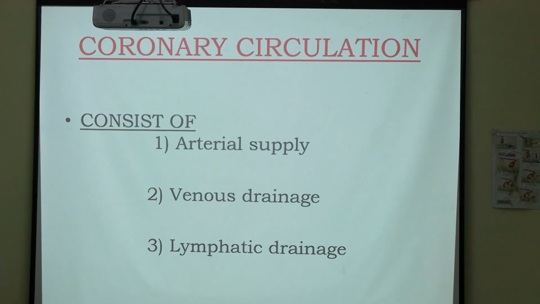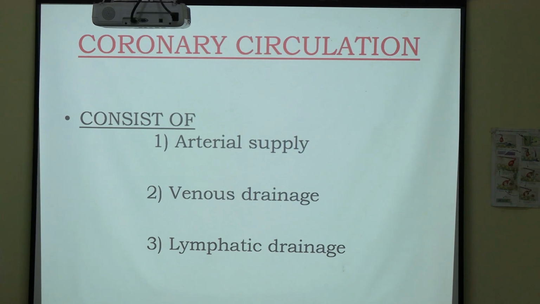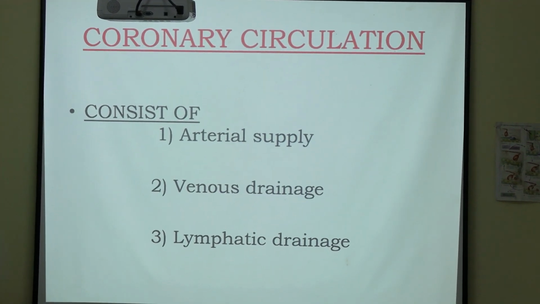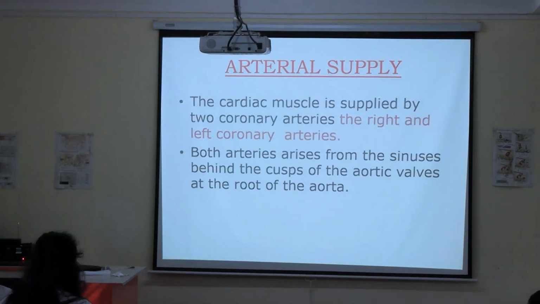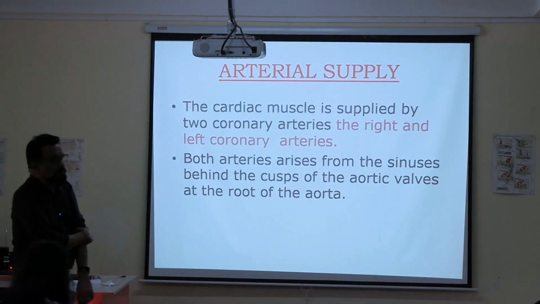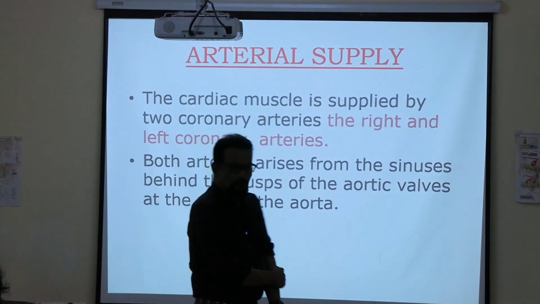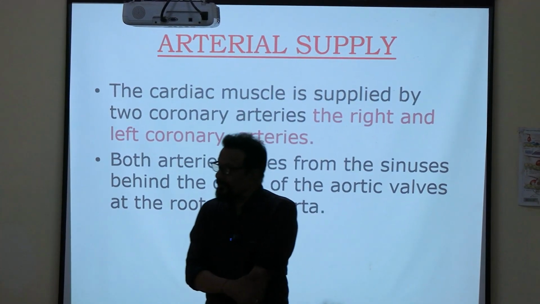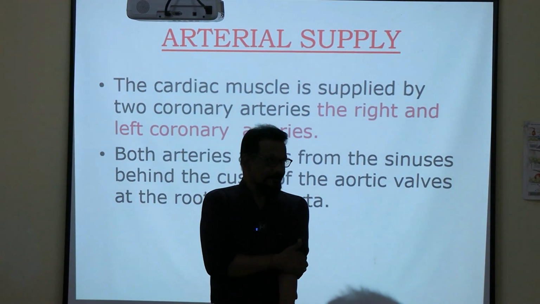The coronary circulation consists of arterial blood supply, venous blood supply, as I said, and lymphatic drainage. The arterial supply is made by two arteries. What are these? Left coronary artery and right coronary artery.